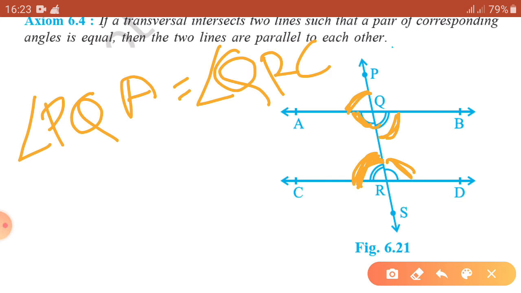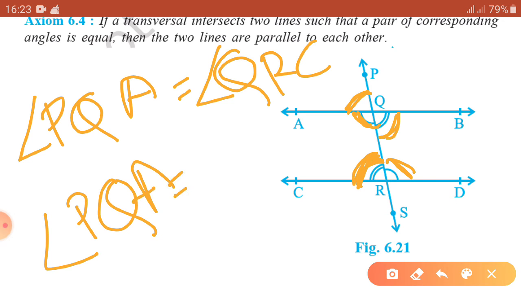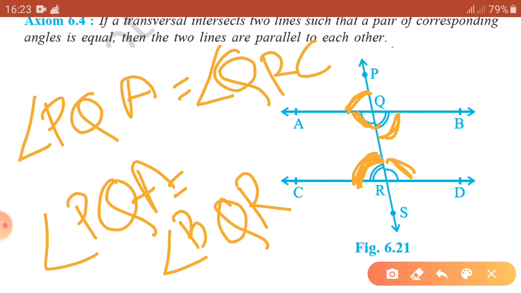Now, if I write angle PQA equal to angle BQR, is it true? Look at the figure.